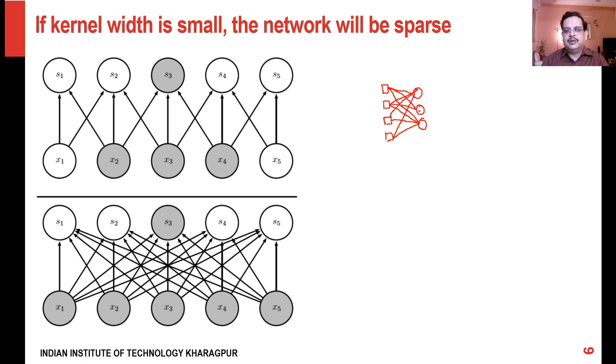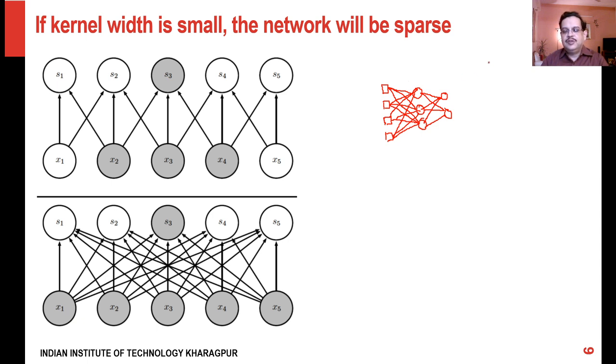Then I have another layer. Again, I have a complete connection. So this is a completely connected network.